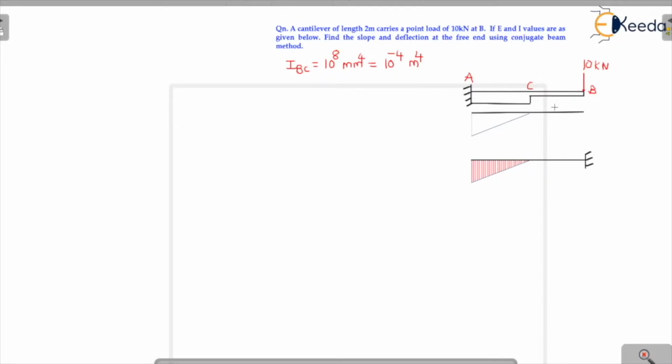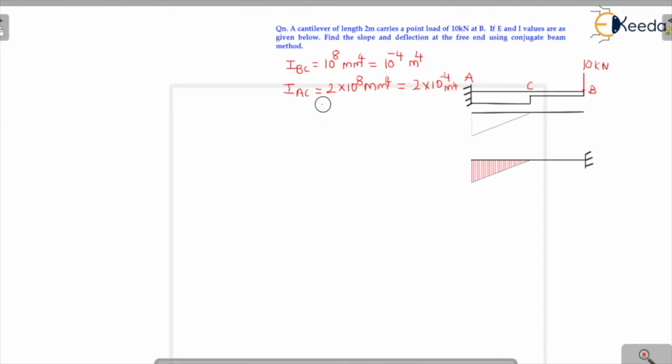Now it has said that for the left portion, moment of inertia is 2 into 10 power 8 millimeter raised to 4. So I of AC is 2 into 10 power 8 millimeter raised to 4, which means it will be 2 into 10 to the power minus 4 meter raised to 4.